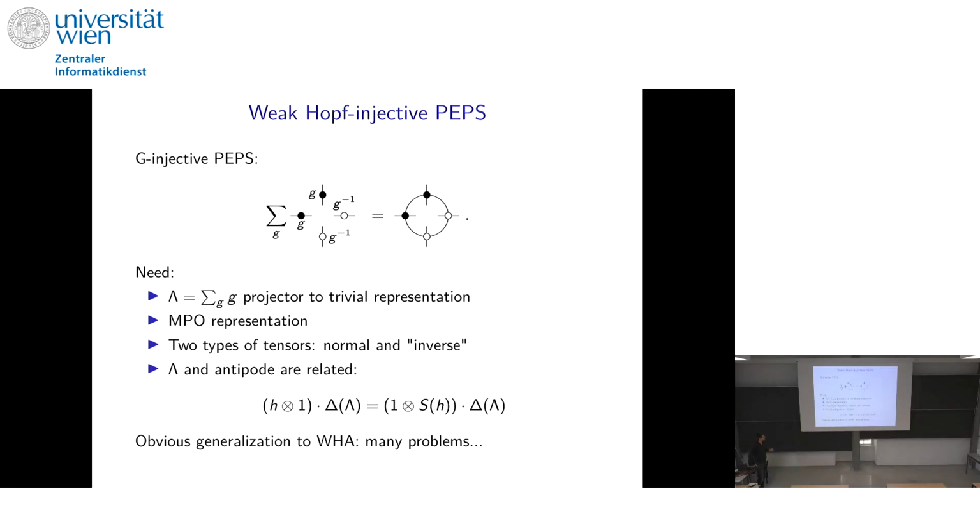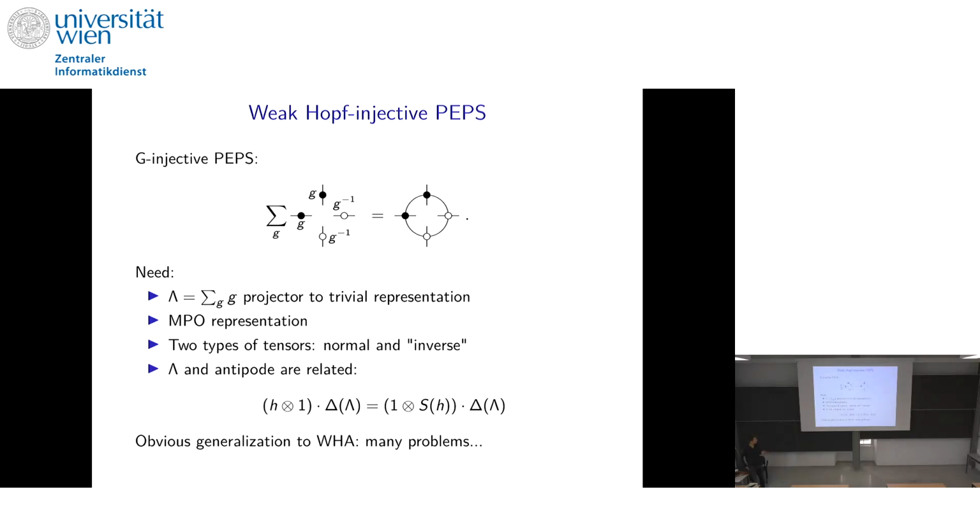For example, this element won't be translation invariant, so you will have to make a choice where you start this MPO. Also, in a general Hopf algebra, the antipode doesn't square to the identity. So the square of the antipode is not trivial, and that causes further problems. So one has to think through what to do.